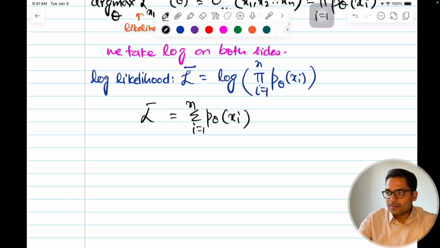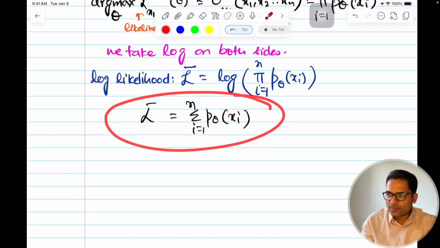So again, we have to find the theta that maximizes this sum now.